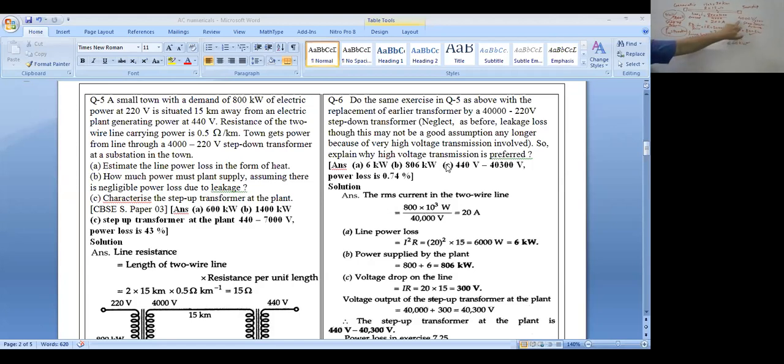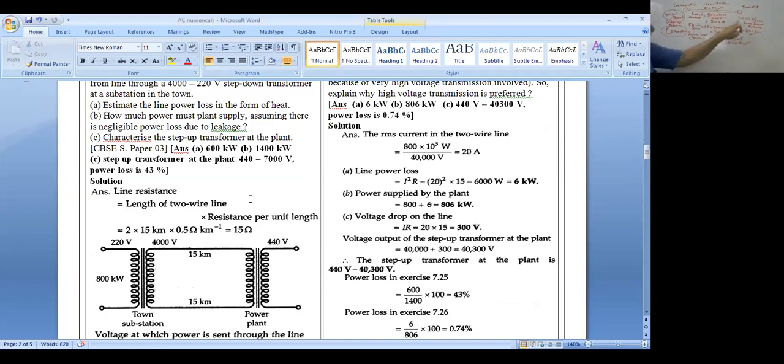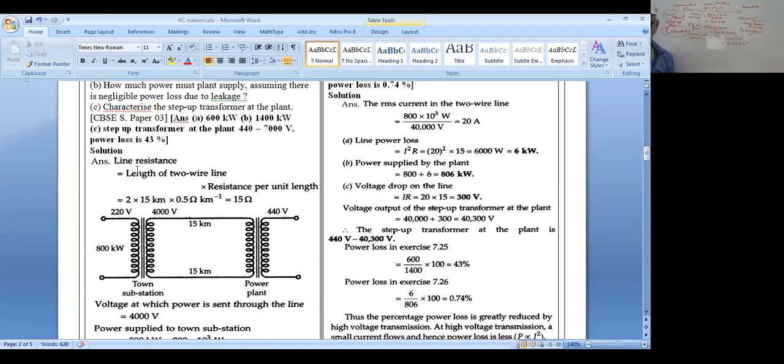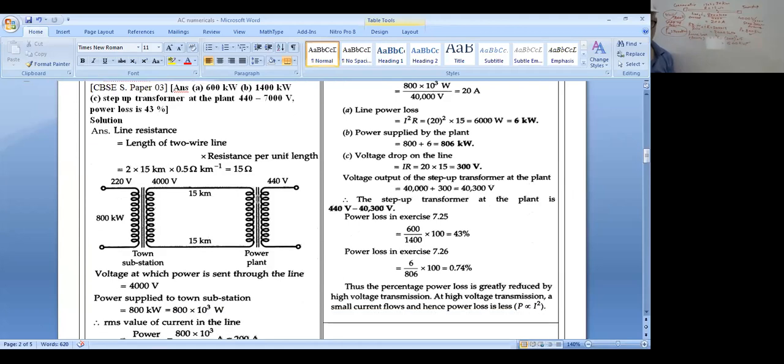We are taking here voltage very high, 4000. It is not less. But even then we get loss in line. You can see here the line resistance is 15 ohm and this is the 220 volt, 4000 volt here.